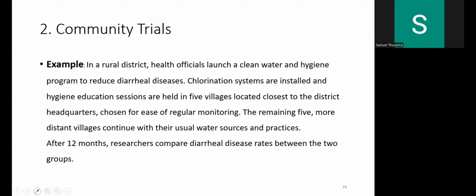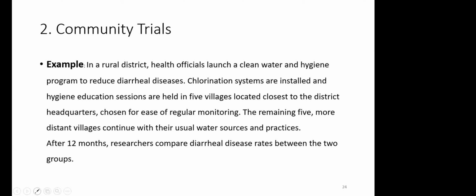Say in a rural district, health officials launch a clean water and hygiene program to reduce diarrheal illnesses. Chlorination systems are installed and hygiene education sessions are held in 5 villages located closest to the district headquarters because of ease of regular monitoring.